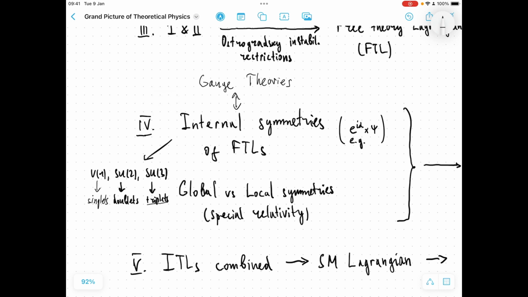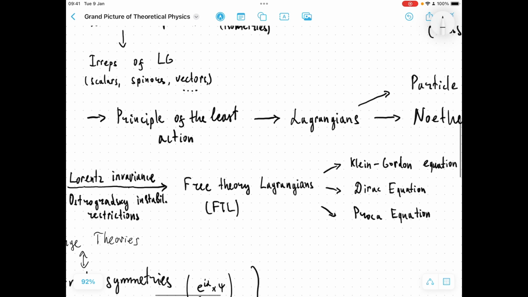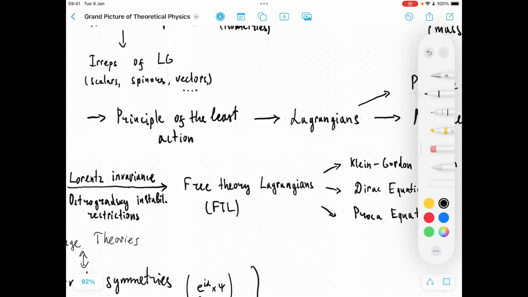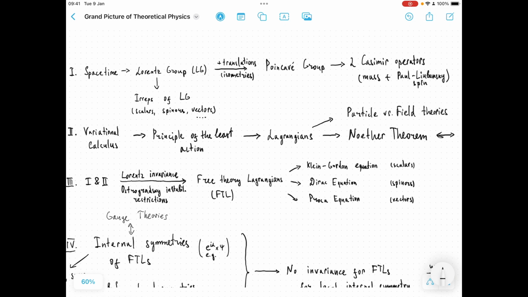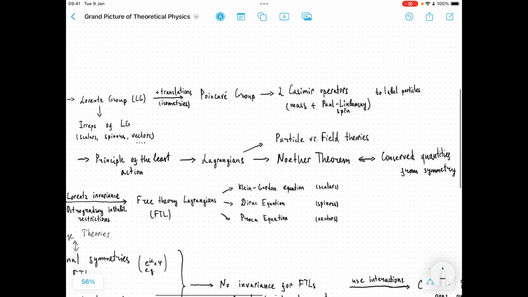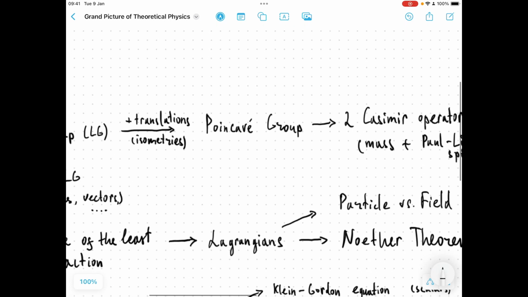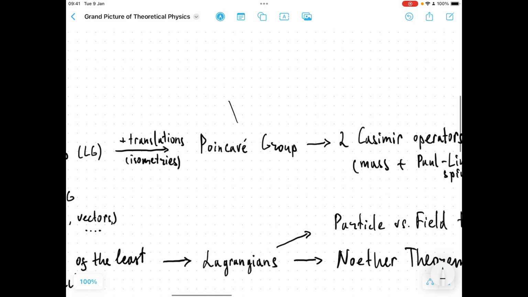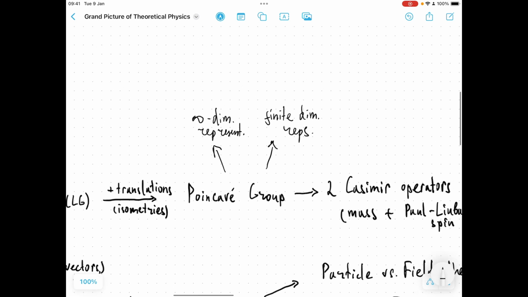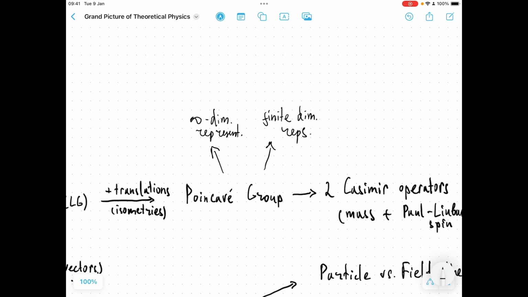They are also of 2 types actually, because there are 2 types of Poincare group representations here. One type is infinite dimensional, and we also have finite dimensional ones.